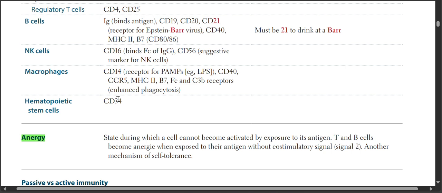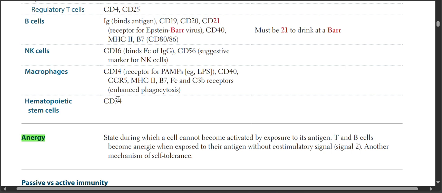That means it's just a dormant cell, like it's gone into hibernation. No matter what kind of exposure you give to that cell, it does not wake up. That is in simple terms what anergy is.